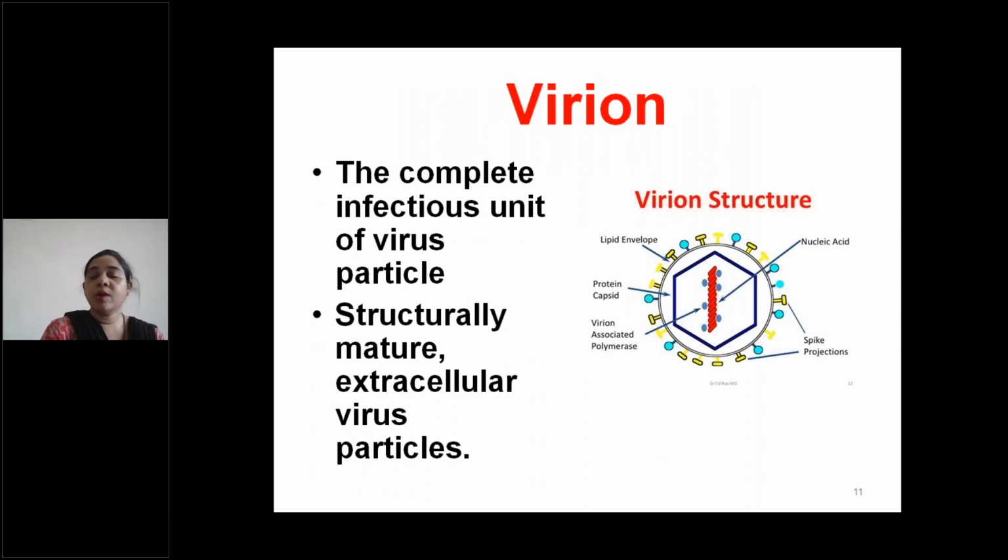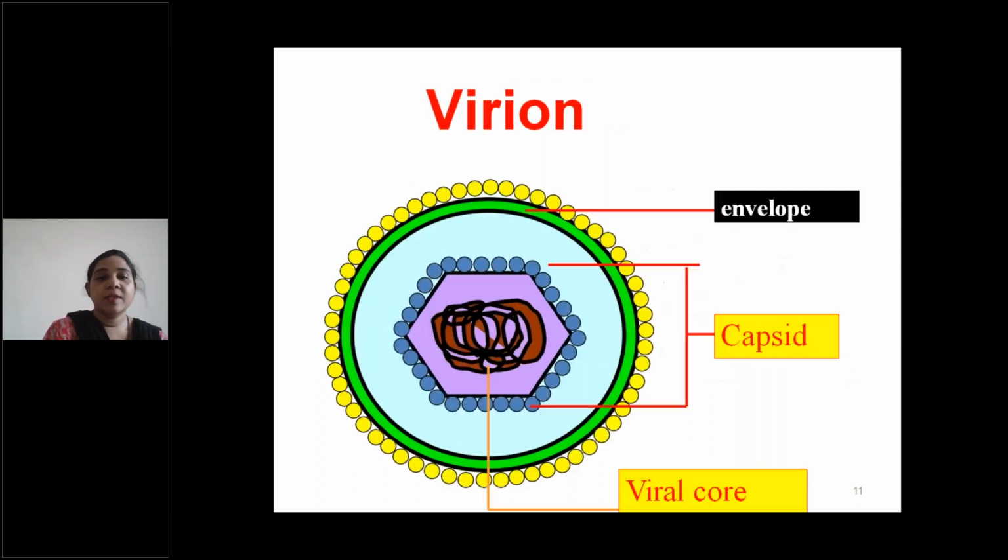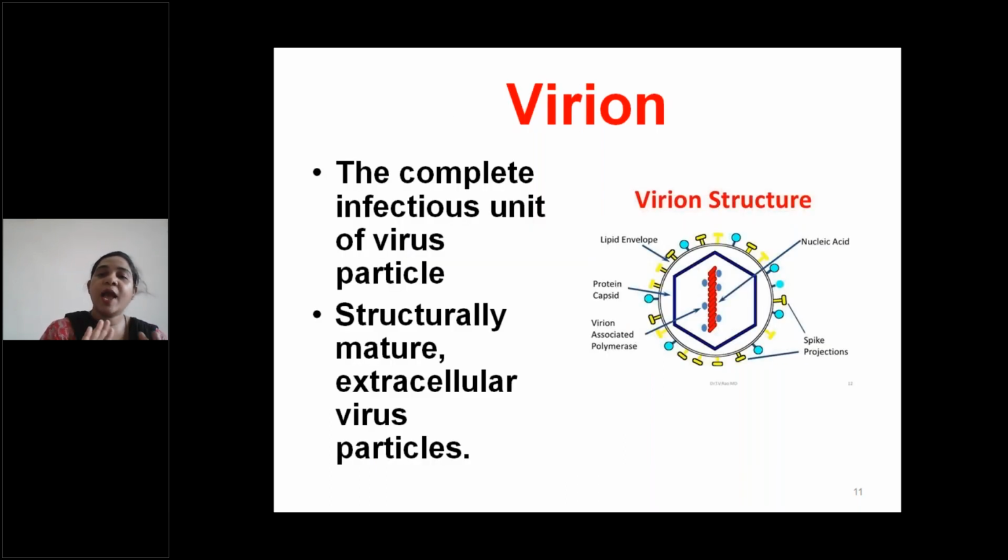Virion. So what is a virion? It is a complete infectious unit of a virus particle. It is an extracellular virus particle. See, this is a virion. A virus which has a complete structure and has become infectious is called a virion.